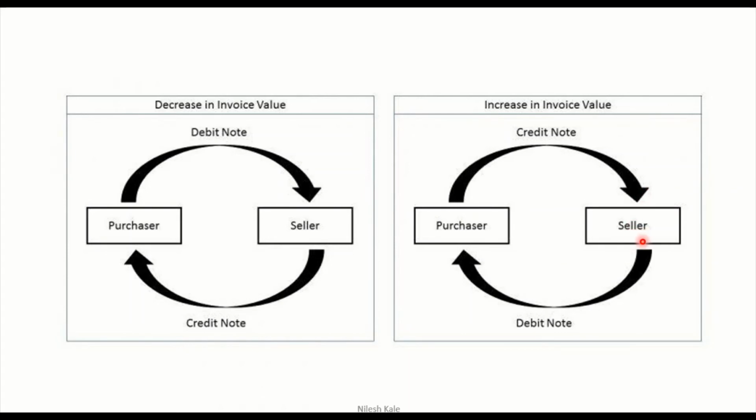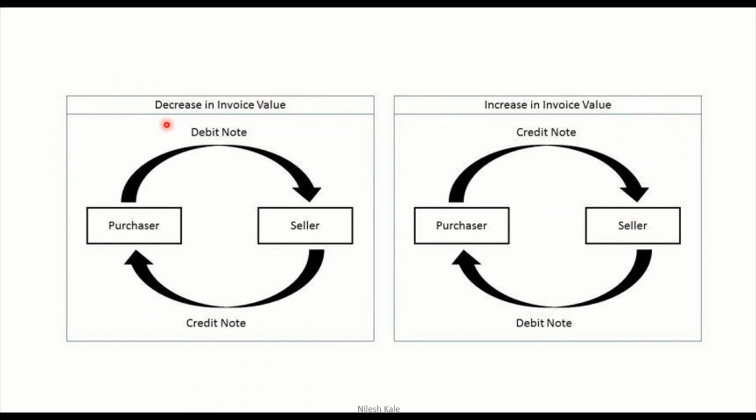So that is how it goes. So the seller will issue the debit note. He has to issue the debit note to the purchaser. If the seller is not issuing, then the purchaser will issue the credit note. This is in case of increase in value.